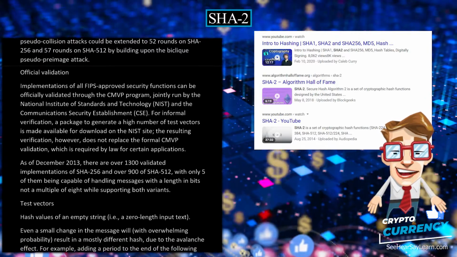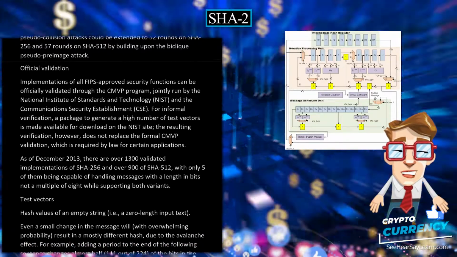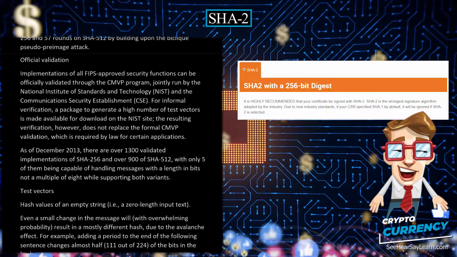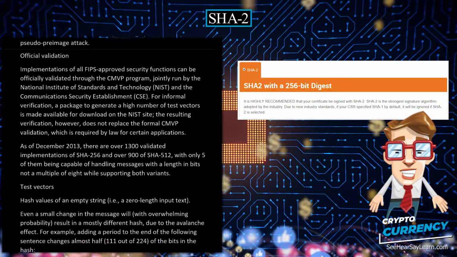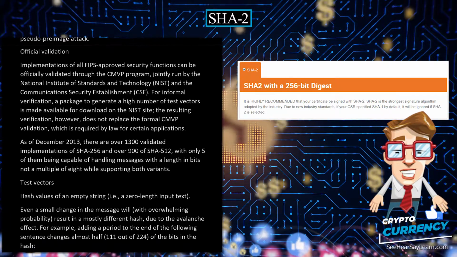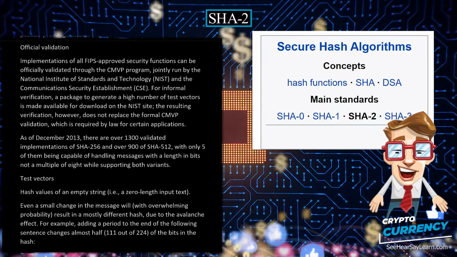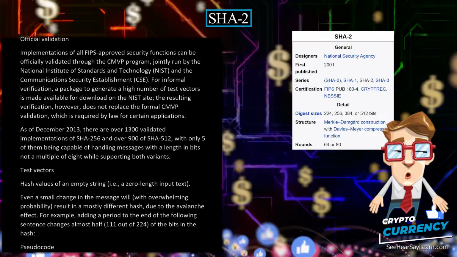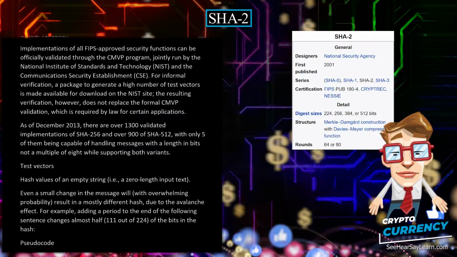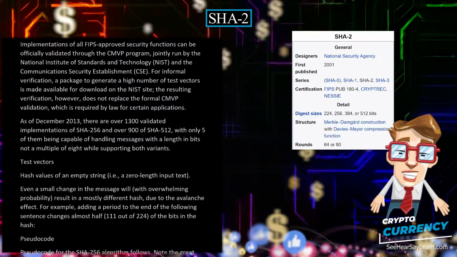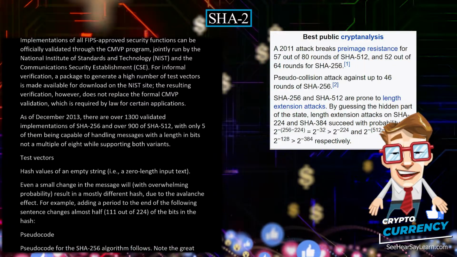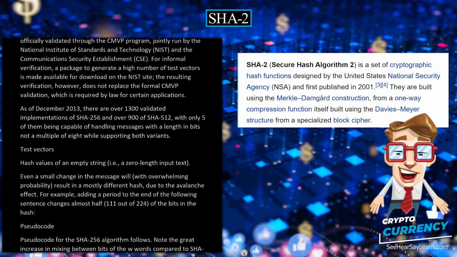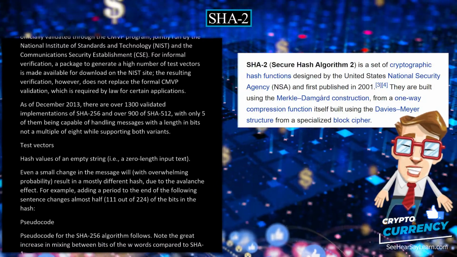The resulting verification, however, does not replace the formal CMVP validation, which is required by law for certain applications. As of December 2013, there are over 1,300 validated implementations of SHA-256 and over 900 of SHA-512, with only 5 of them being capable of handling messages with a length in bits not a multiple of 8 while supporting both variants.